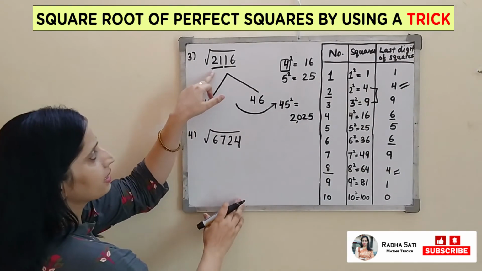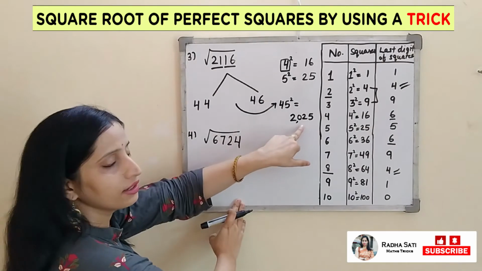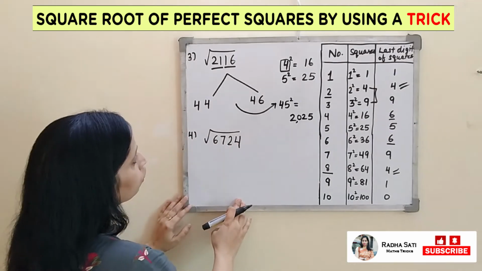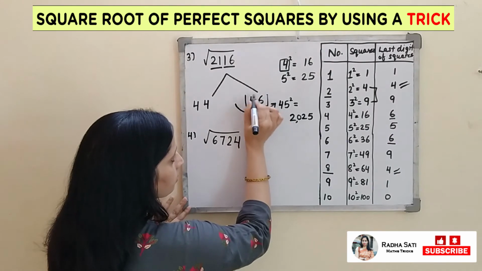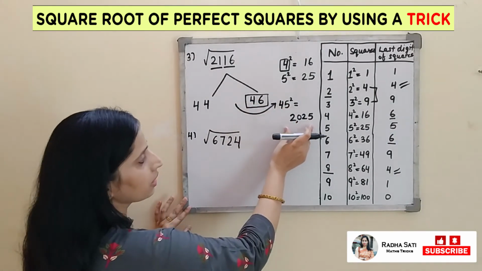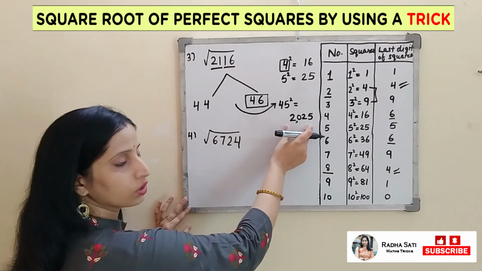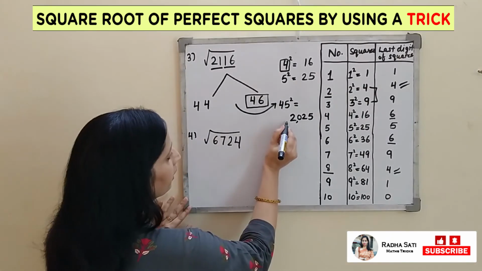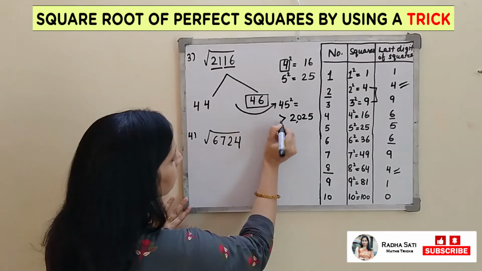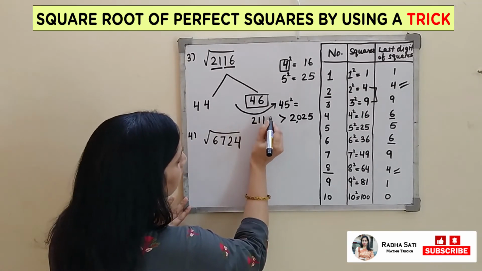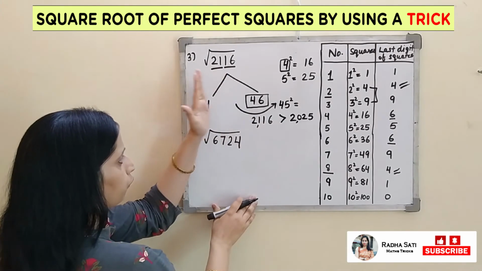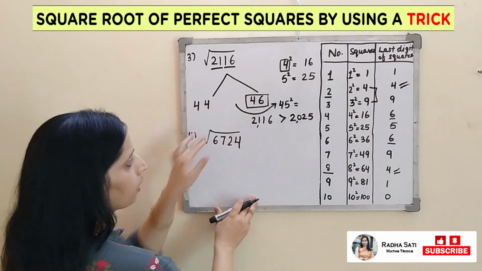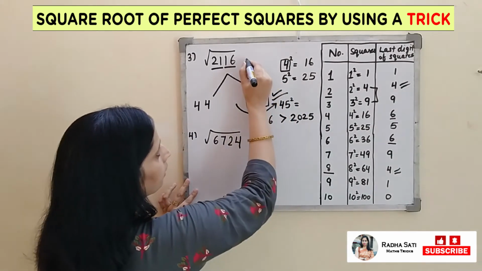So we can clearly see that this number is greater than this. So this means here our answer will be 46, because the square of 45 is 2025, and this number is greater than this. Okay, so this means 44 can't be our square root. Our square root will be 46.